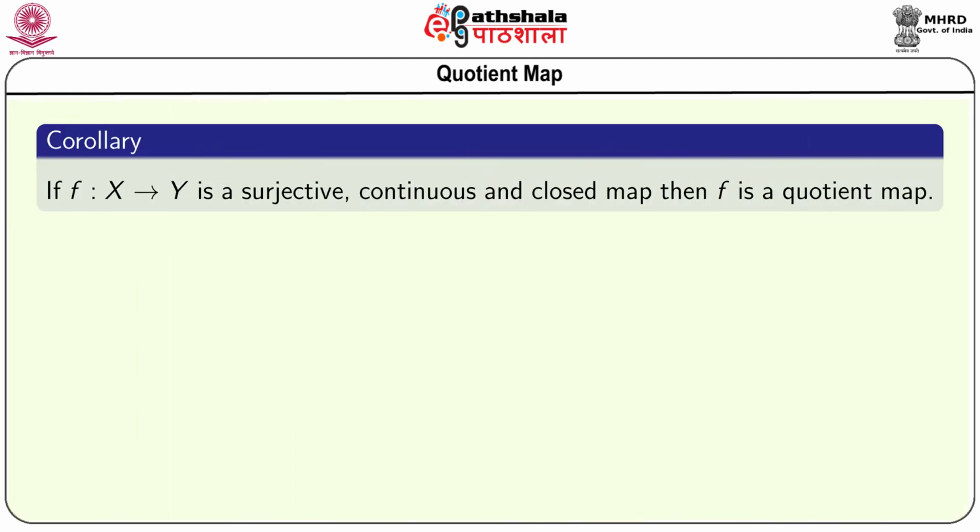Now, as a corollary to this result, we have that if f is a surjective, continuous and closed map, then it will be a quotient map.